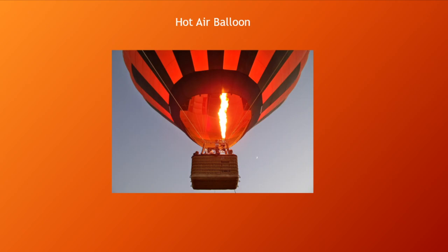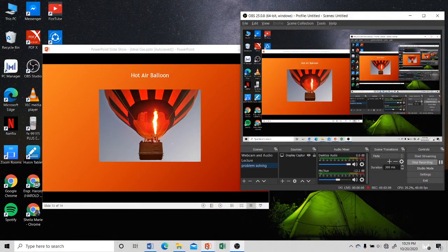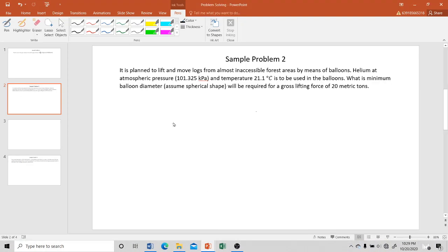So before that, let us solve some problems in terms of the topic, the ideal gas equation of state. Sample problem number 2.